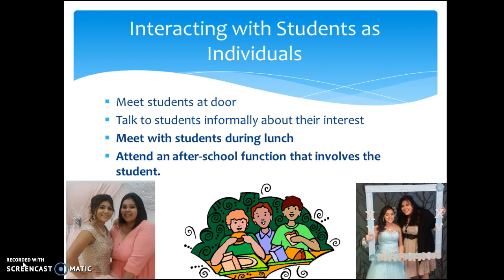It generally tells them that you care about them. I've included some pictures of Sweet 15s, quinceañeras, and Sweet 16s that I have attended from former students. They get really surprised when they see me and really happy. I think it's so important to be involved, and they can see you from the outside setting of being just a teacher.